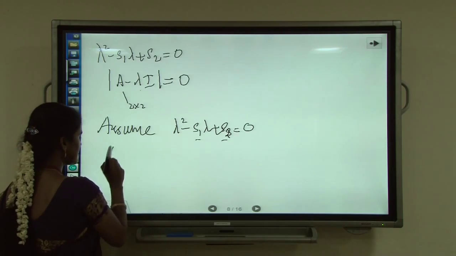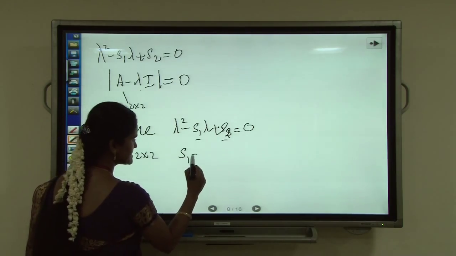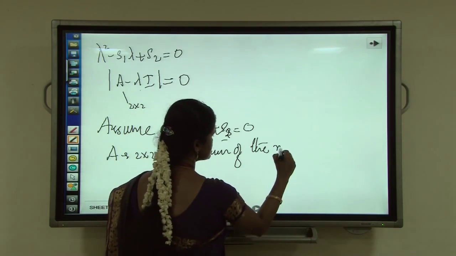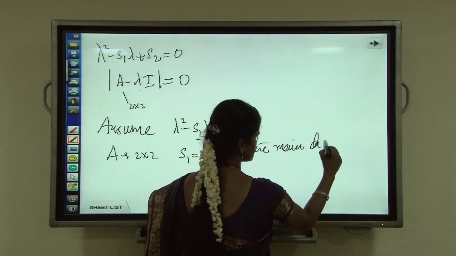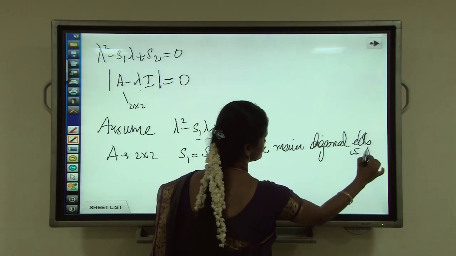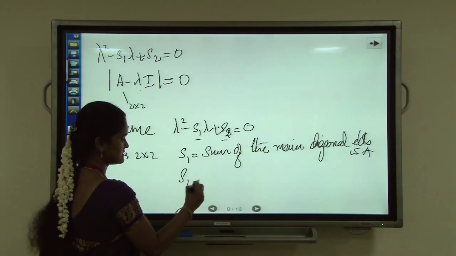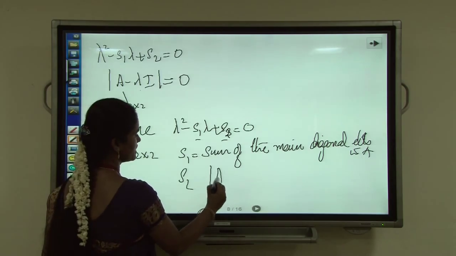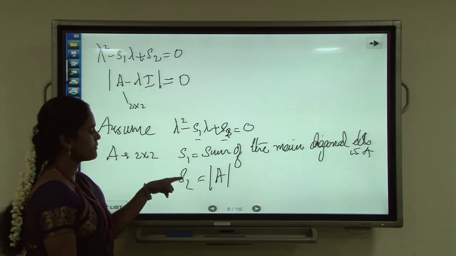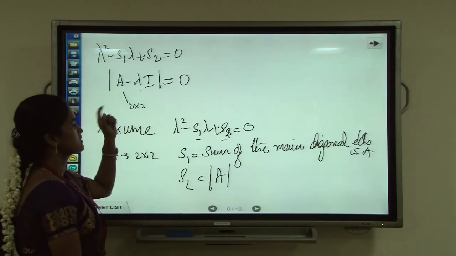When A is a 2 cross 2 matrix, you can define S1 as the sum of the main diagonal elements in A, and S2 is simply the determinant of A. By finding S1 and S2 and substituting, you will get the exact characteristic equation of the respective square matrix. So this is the other way of getting it.